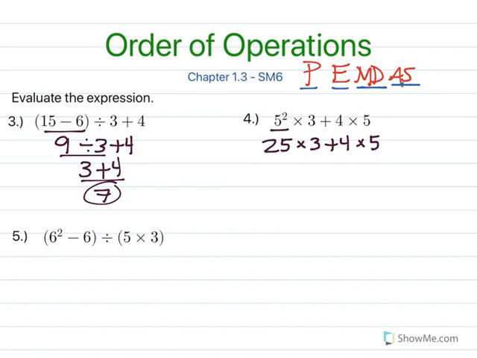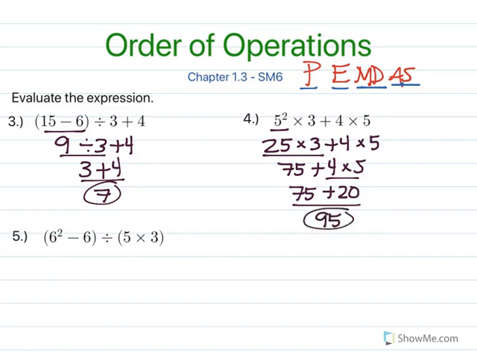I'm going to multiply. So I have 25 times 3, which is 75. I'll bring down the plus 4, and I bring down the times 5. It's an ugly looking 5, but we'll deal with it. Okay, do I have any more multiplying or division? I do. It's right here, so I'll bring down the 75 plus the 20. I can now add these together, and I get 95. And I'm done.